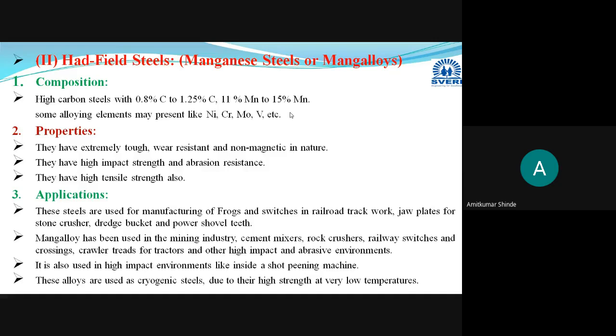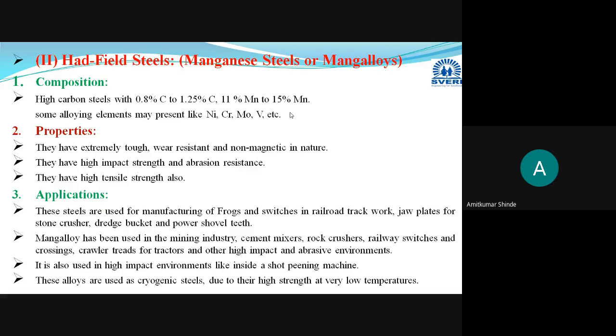In the next slide I have the diagrams with me and I will explain there again, but before that I will explain these application points. Frogs and switches present in the railway tracks are made up of this manganese steel or Hadfield steel. Then different jaw plates are there for stone crushers.